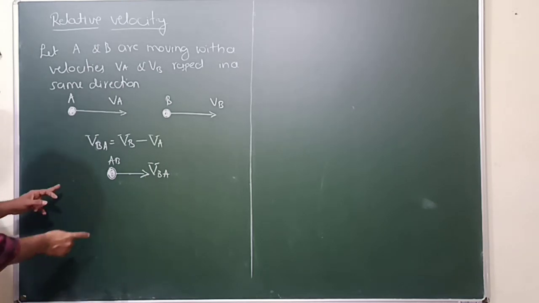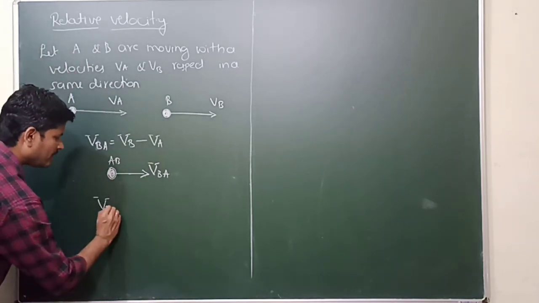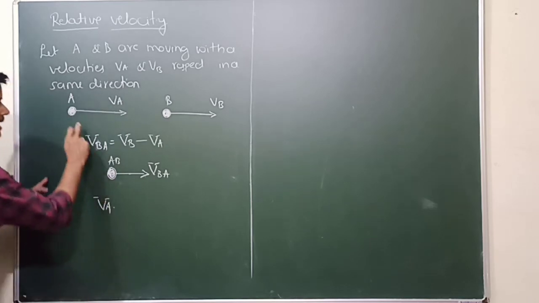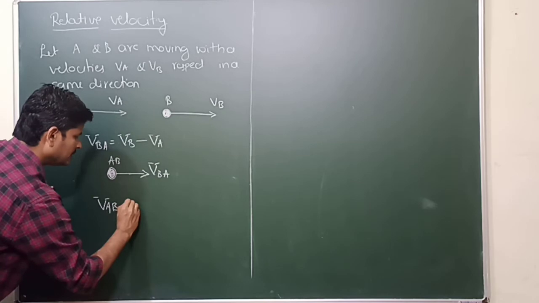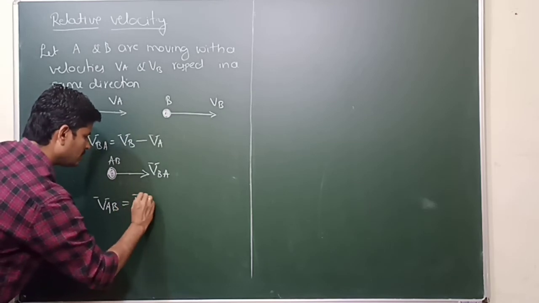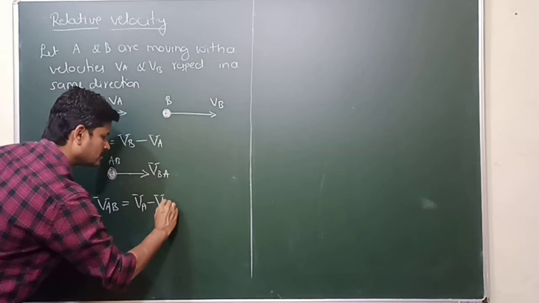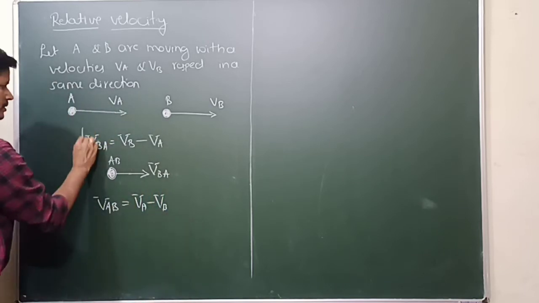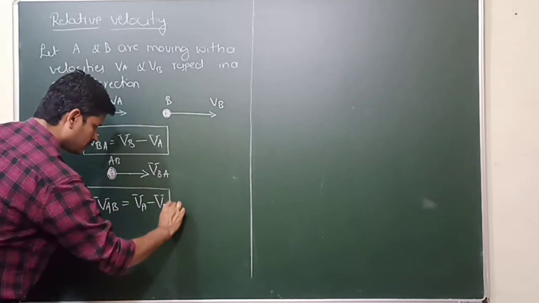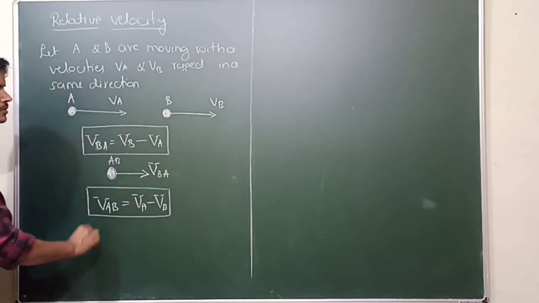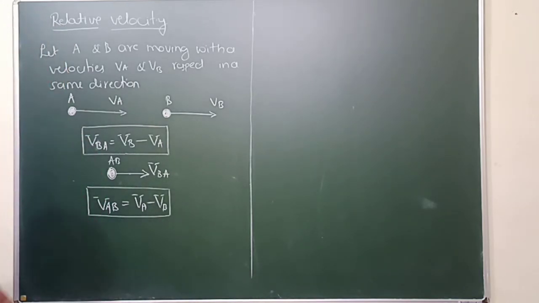Now, if you want to write the velocity of A with respect to B, then it is VA minus VB. Is it correct?